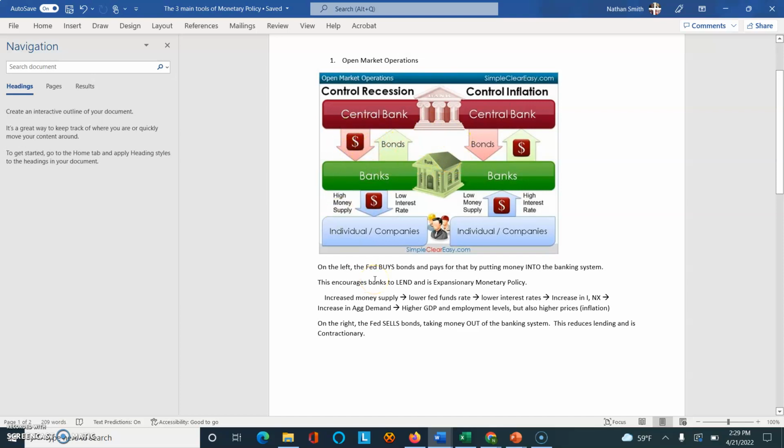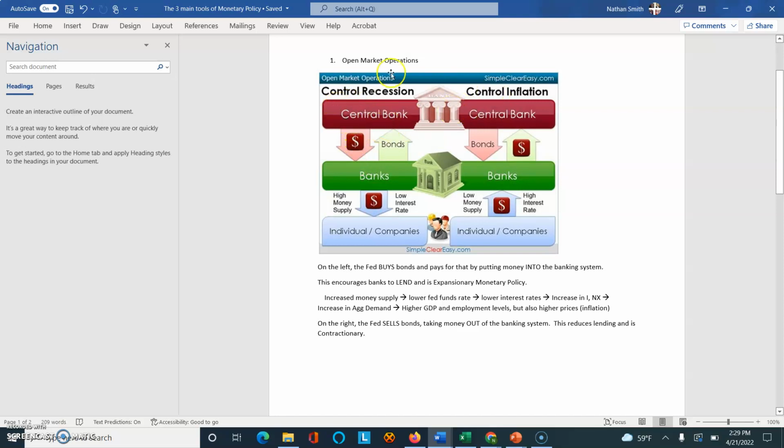So let's suppose the Fed wanted to put money into the system. Take a look at the channel on the left. In this case, the Fed is going to buy a bond held by one of the commercial banks, and in return for that, it's going to pay money for it. Now, here's the key conceptual point.